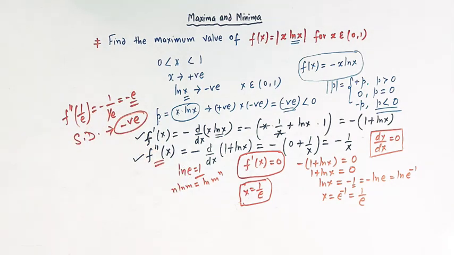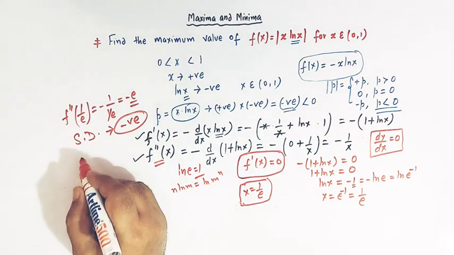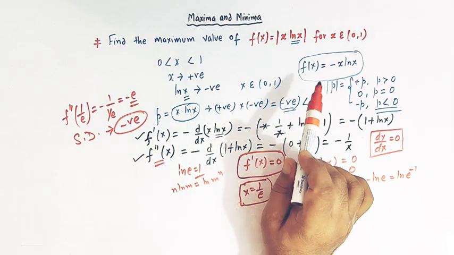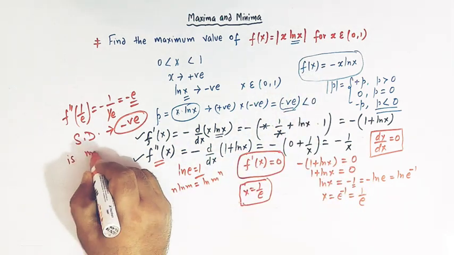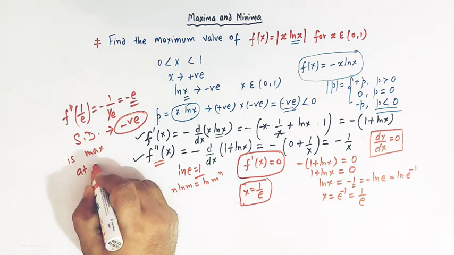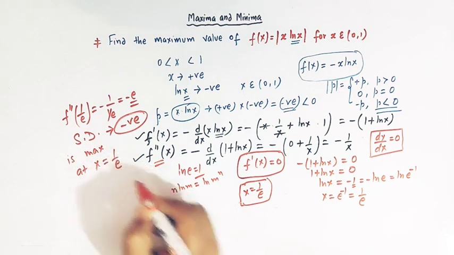So by the second derivative test, we can claim that this function f of x is maximum at x equal to 1 over e.